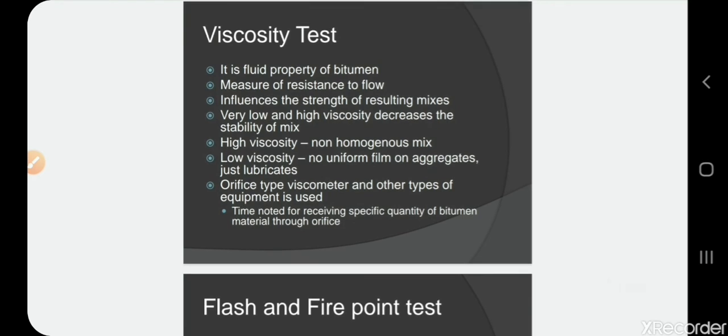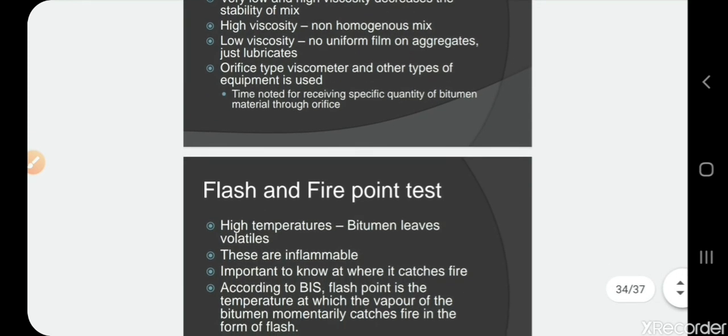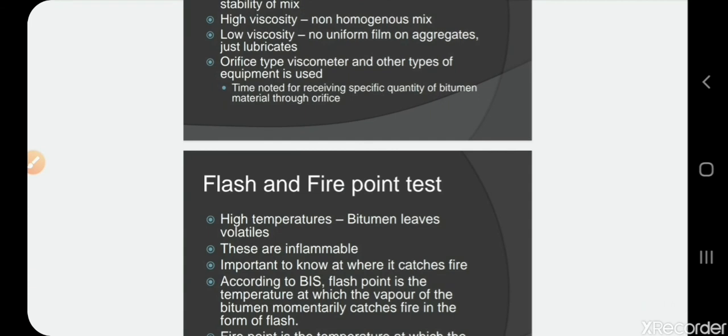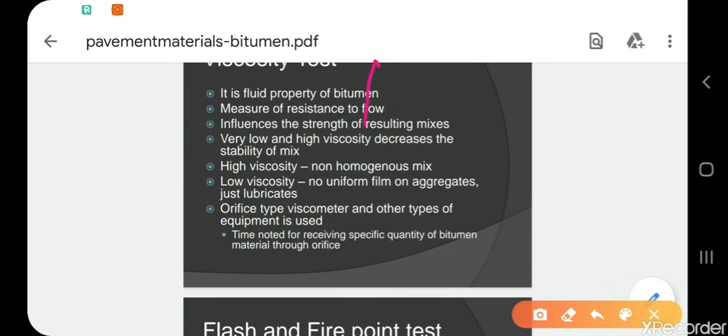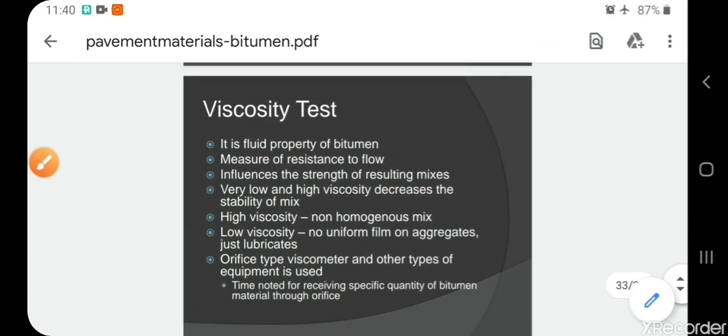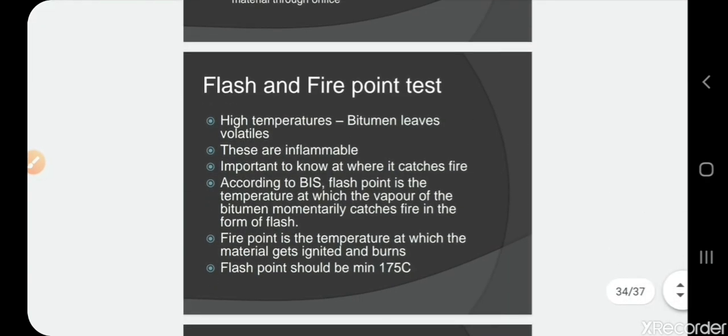High viscosity means non-homogeneous, and low viscosity means no uniform film on aggregates. Next, an orifice type of viscometer and other types of equipment are used. If you want to see a viscosity test, refer to our laboratory, where we have already done the experiments in the previous semester.